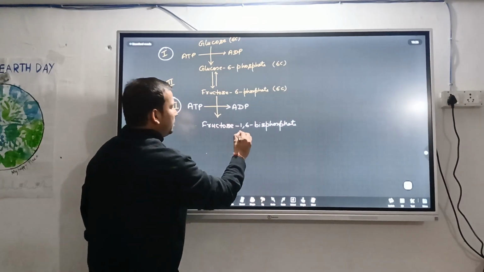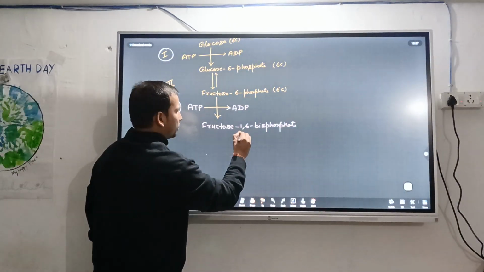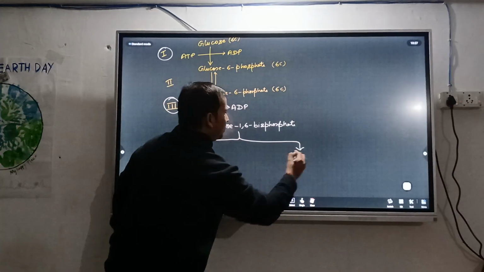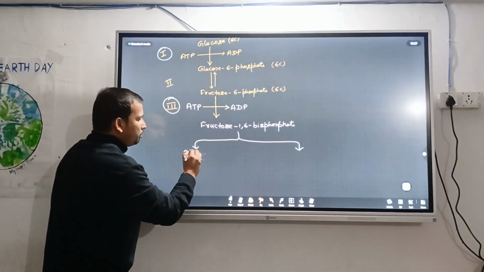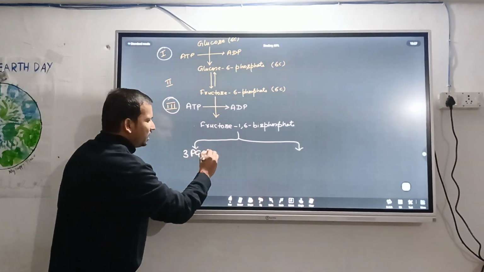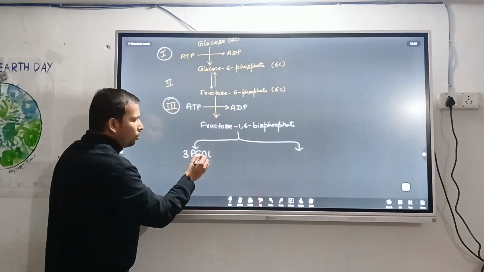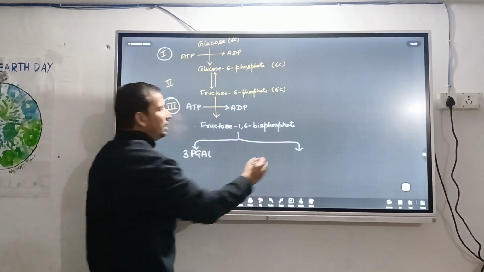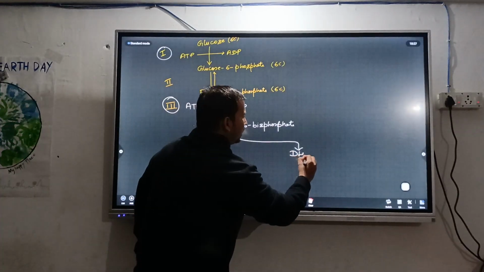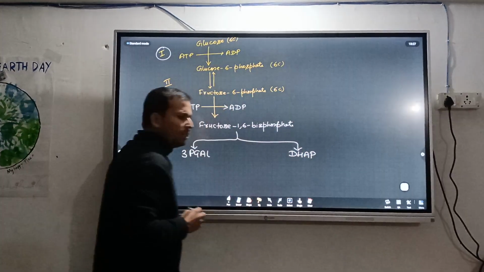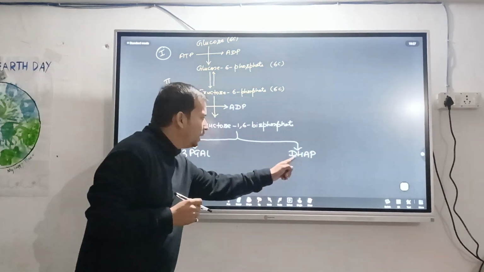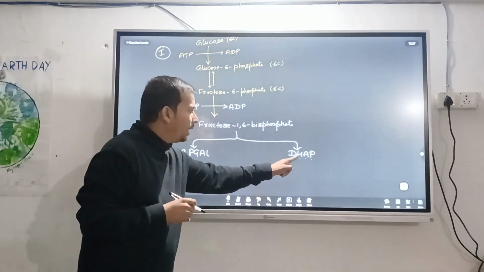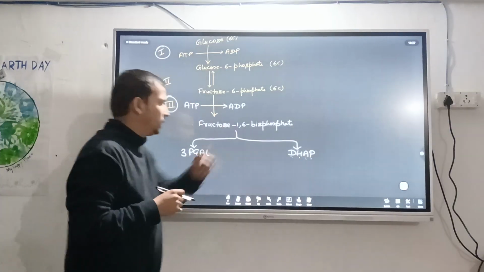This fructose 1,6 bisphosphate is converted into two compounds: 3-PGAL, which is 3-phosphoglyceraldehyde, and DHAP, which is dihydroxyacetone phosphate.